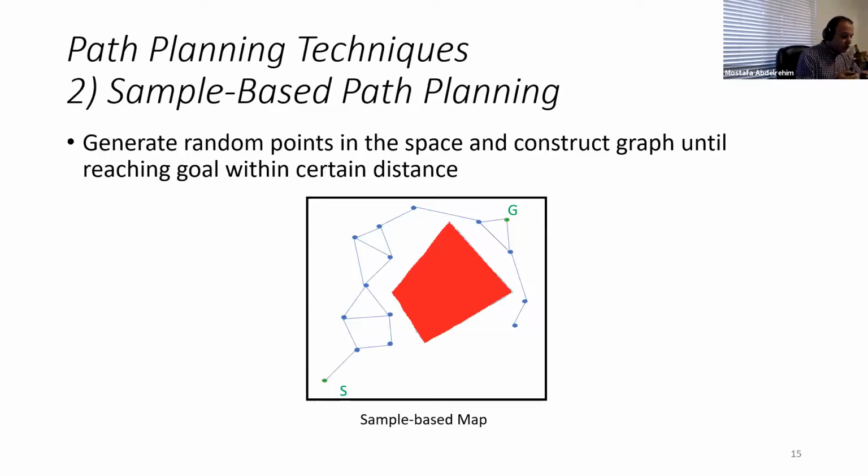Let's annotate here, using, for example, yellow. In the beginning, assume that we have only the start point and the goal point. Then we'll generate two random numbers, one for X and one for Y. This is the coordinates of the point that should be a candidate to be included in our graph.